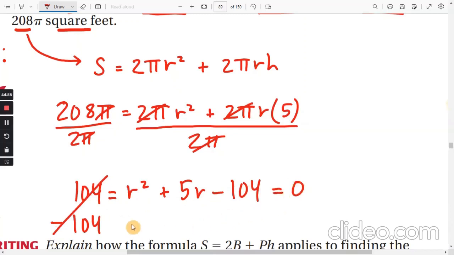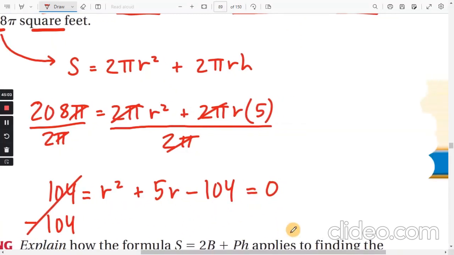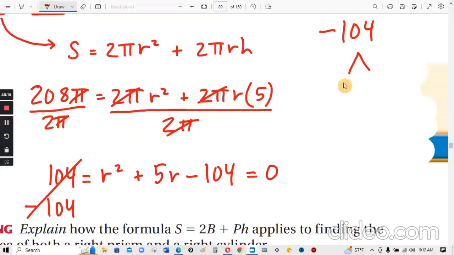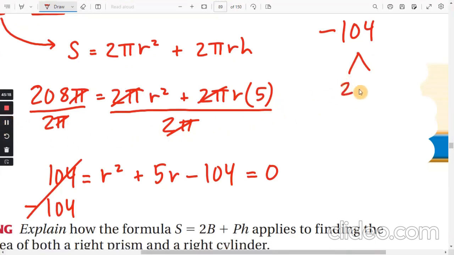So we can factor this. Okay, you can use quadratic formula or find two numbers that multiply to negative 104 and add to 5. So let's see. We can do 2 times 52, or negative 2, I should say.